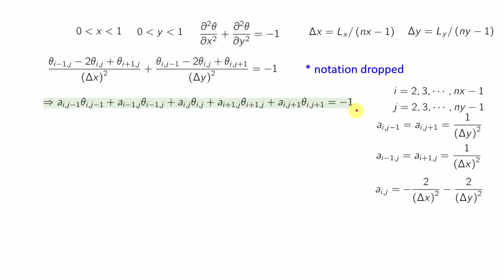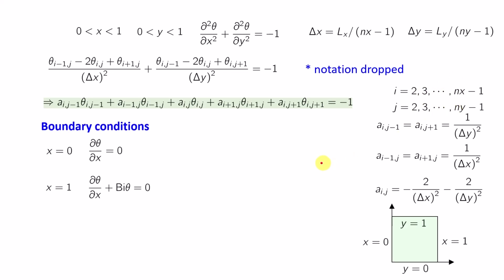First, of course, we have already developed the linear equation that will come for the interior points, that is i equals 2 to nx minus 1 and j equals 2 to ny minus 1. Here i goes from 1 to nx in x direction and 1 to ny in y direction.